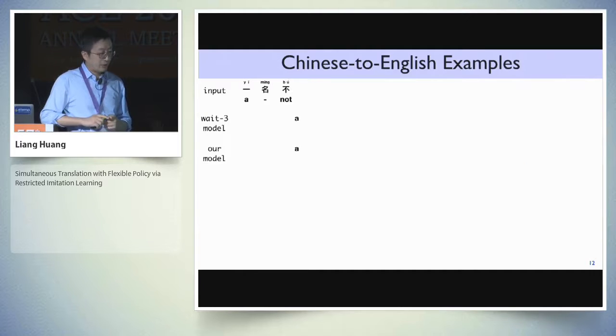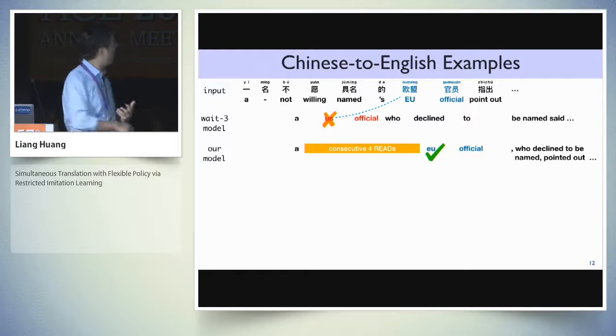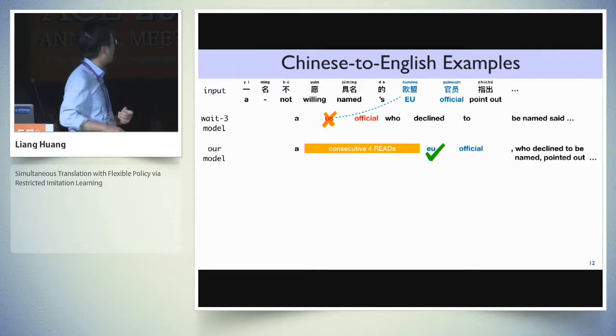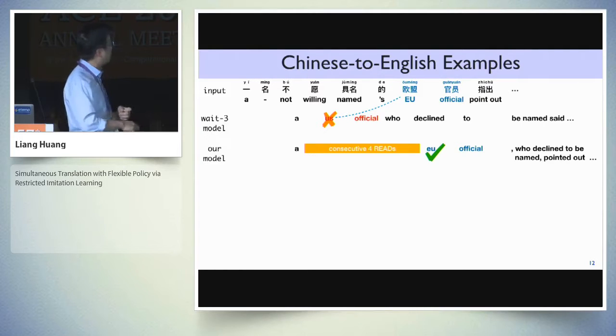And to give you two examples, the first one is: not willing to be named, EU official pointed out, blah, blah, blah. A wait-3 model, being too aggressive, actually would predict US official, because the training data for some reason has more US official than EU official, but that's too late to discover you have made a mistake. Our model actually decides to wait for 4 consecutive words on the source side, so then you get EU official, which is nice.